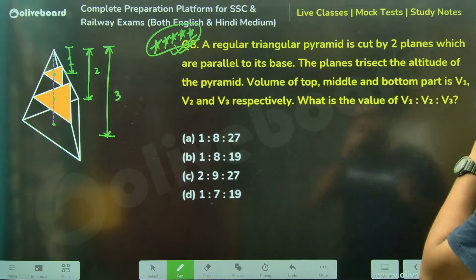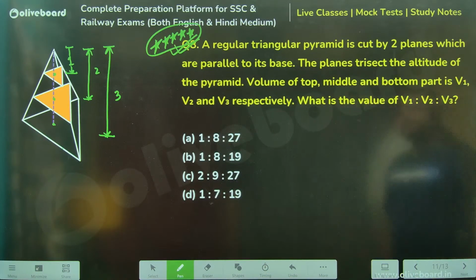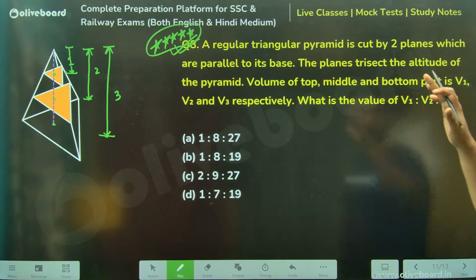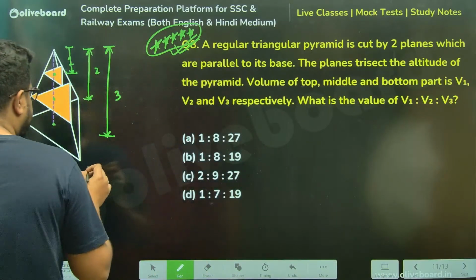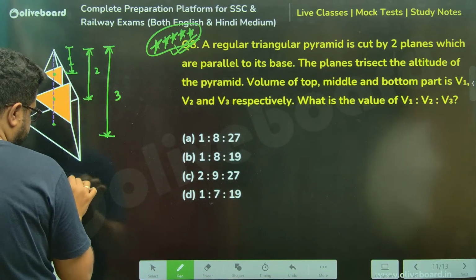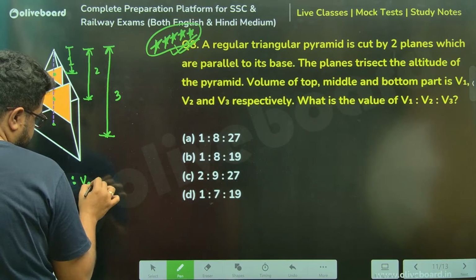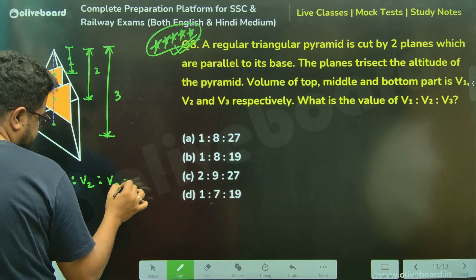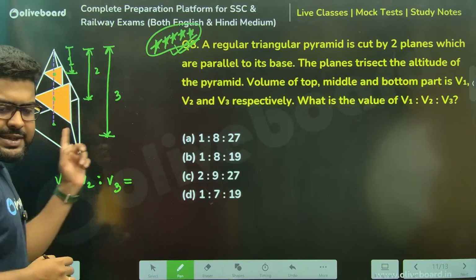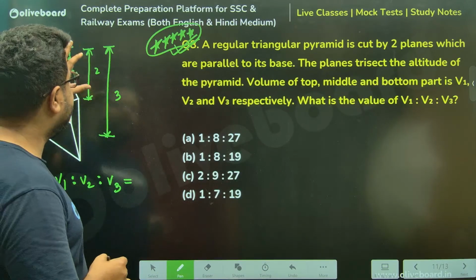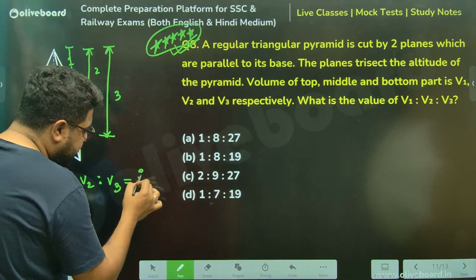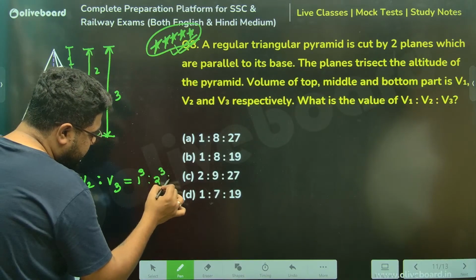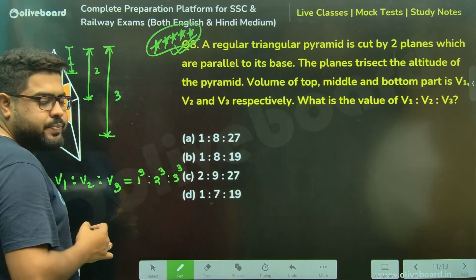Now they are asking, the planes trisect this, and the volumes of the top, middle, and the bottom parts are V1, V2, V3. Volume of the top V1 is to V2 is to V3. Please understand, everything is symmetrical. So I can say volume will be cube of this. So I can write this will be 1 cube is to 2 cube is to 3 cube, sir.